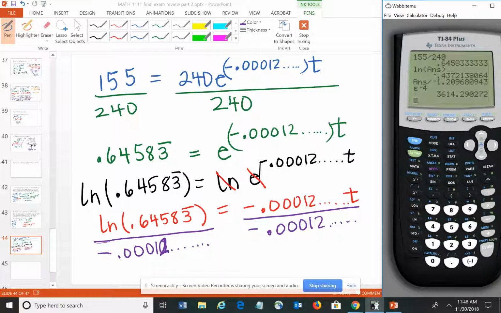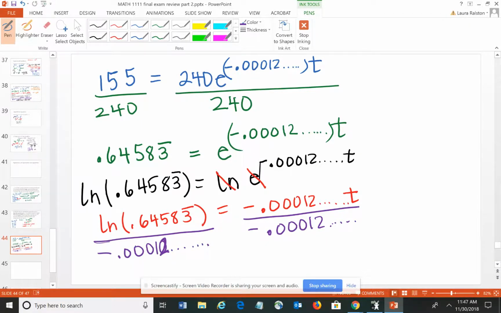T is 3,614.29. Now, if you round preliminarily, you'll get a different answer. I had the advantage of knowing the answer that the author of these questions had done, and they carried all the decimals with them. So just be careful about that. If you get a value that's a little bit off, it may be that you need to carry out more decimals.